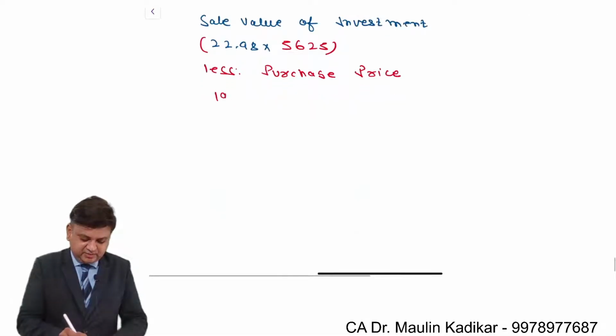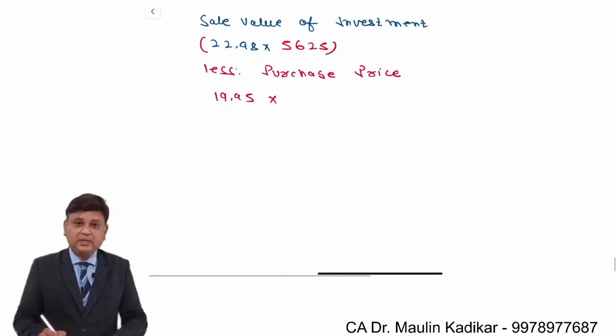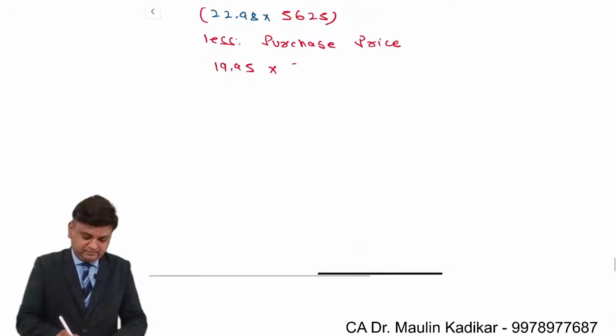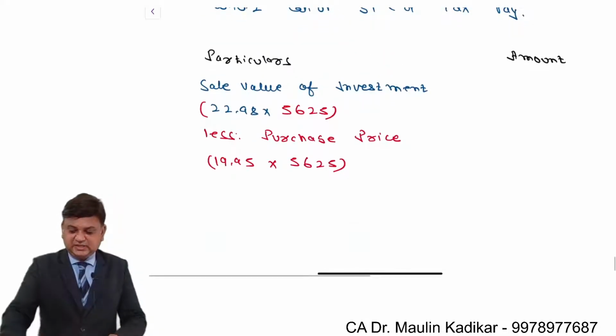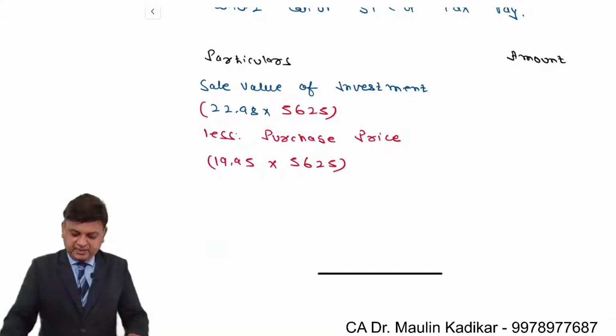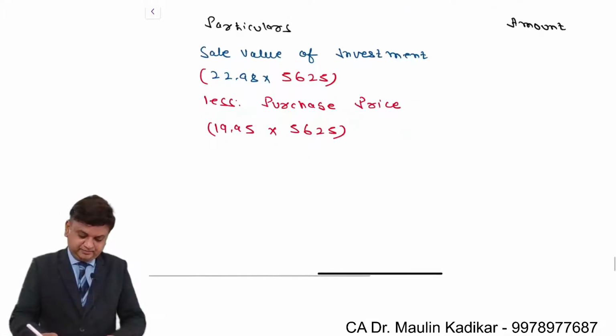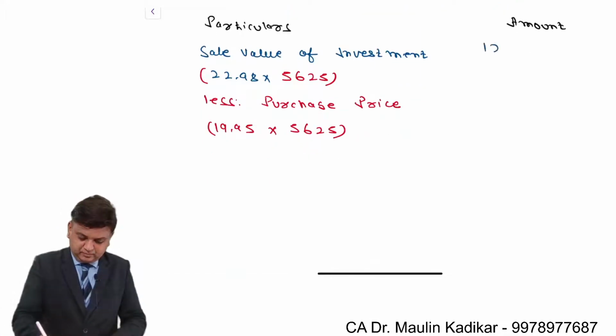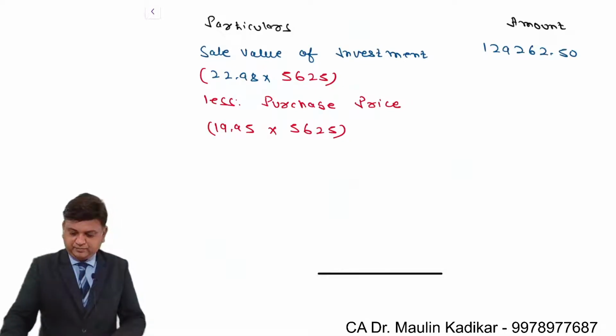Purchase price is 19.95 into 5625. That is the sale value of the investment, say within last 1 year. So 22 rupees 98 paise into 5625, 1,29,262.5. 19.95 into 5625.